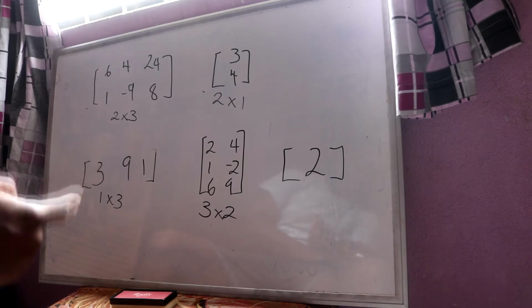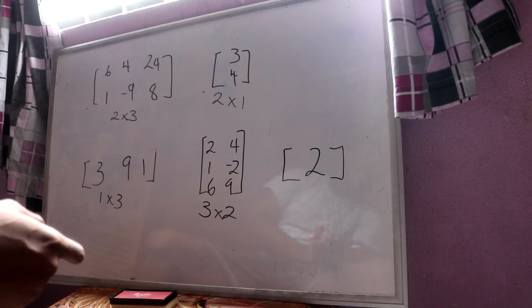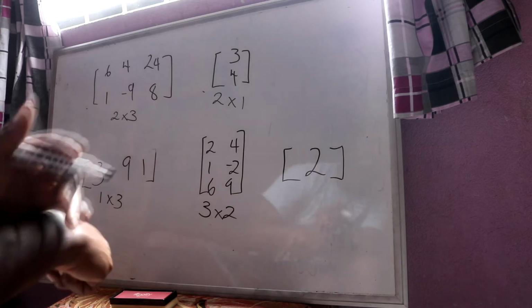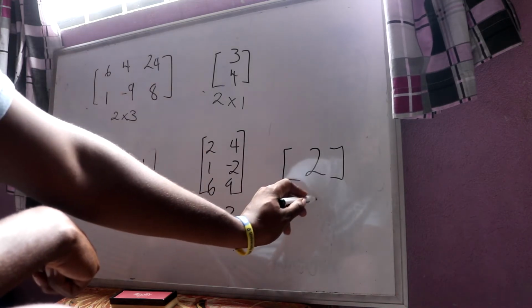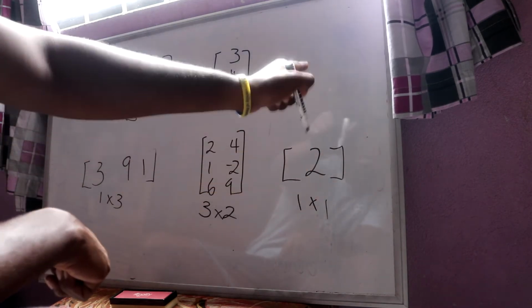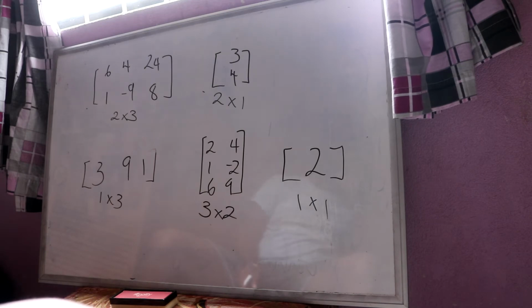And this last one, I always like to put in my classes to trick students, but more often than not they get it. The size of this matrix is a 1 by 1 matrix. It has one row and one column. And that's how you can identify and state the size of a matrix.